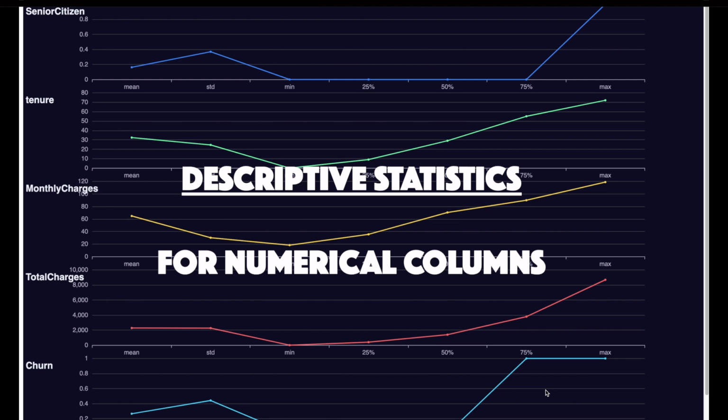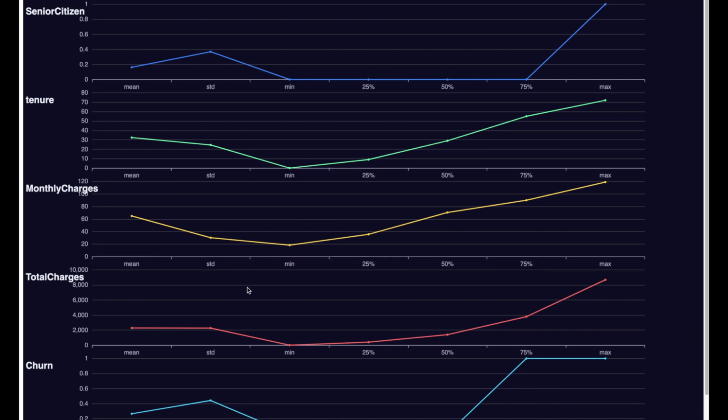So in this visualization, you have the numerical columns such as the senior citizen, the tenure, the monthly charges, total charges, and the churn. For each numerical column, we have the various descriptive statistics such as the mean, the standard deviation, the minimum value, the percentile values at 25, 50, and 75, as well as the maximum value.